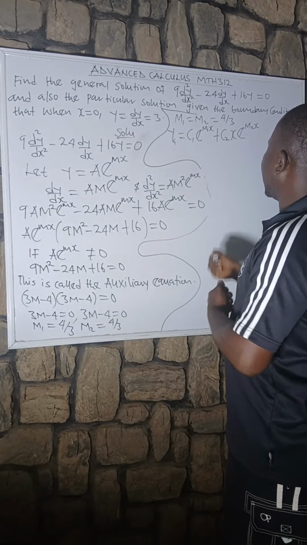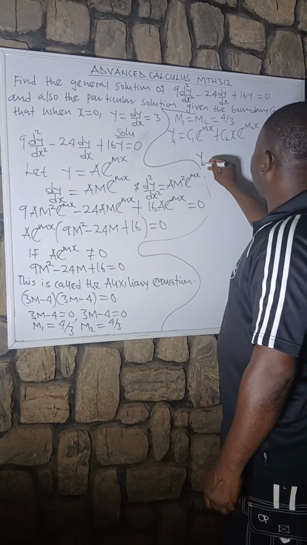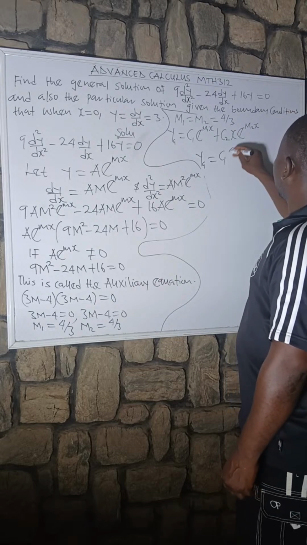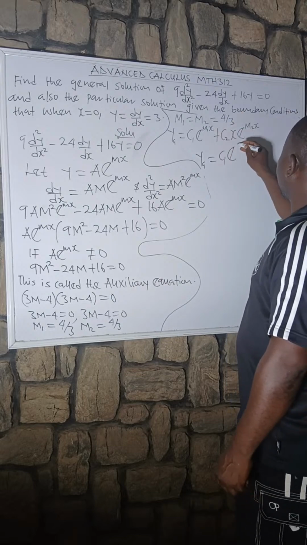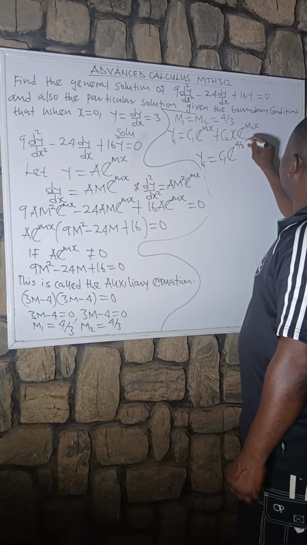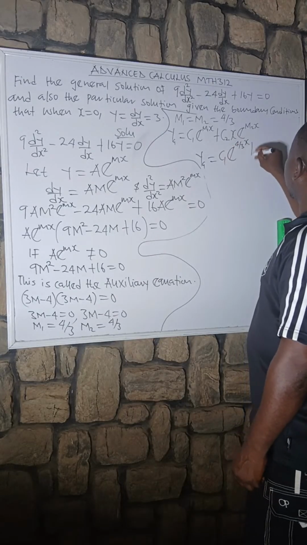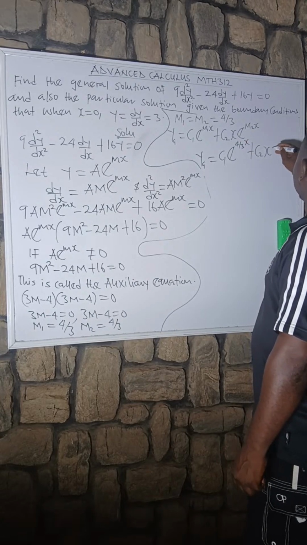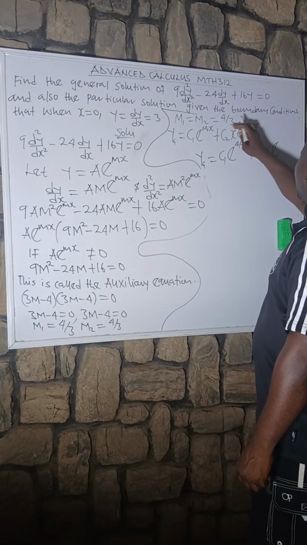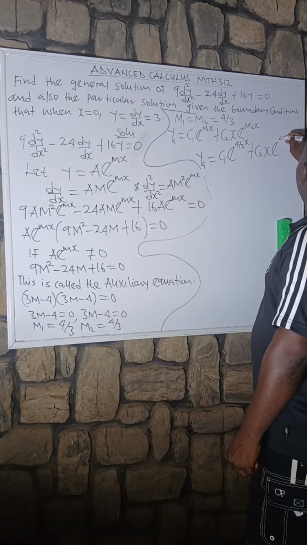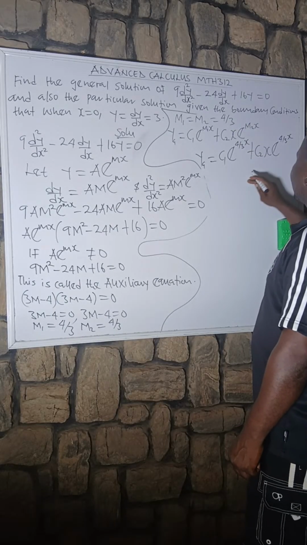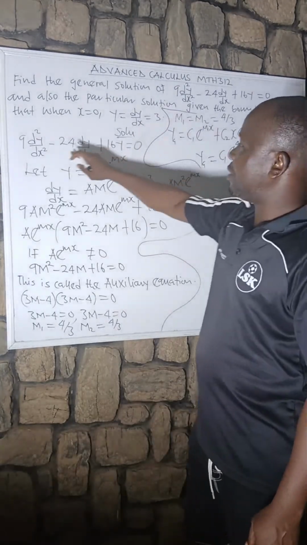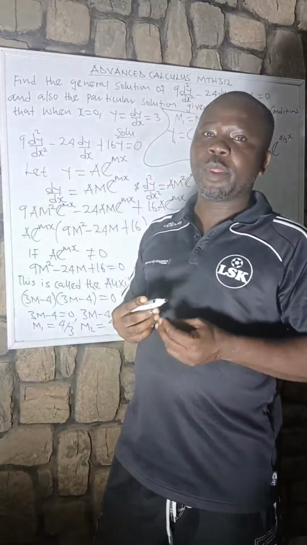This implies that our y of g is equal to c1 exponential m1, which is the same thing as 4 over 3 x, then plus c2 x, the same answer, exponential m2, which is the same thing as 4 over 3 x. So this is the general solution to this second order differential equation.